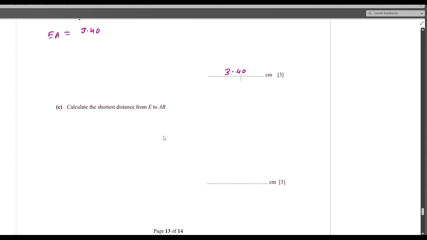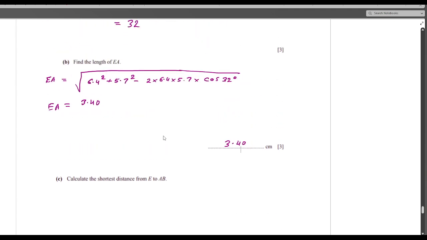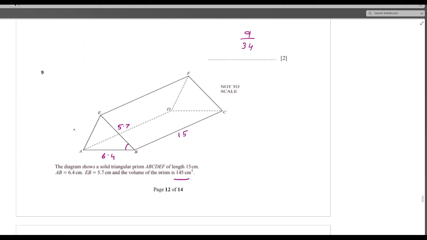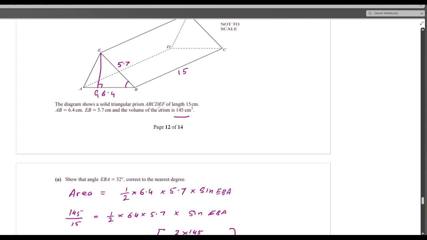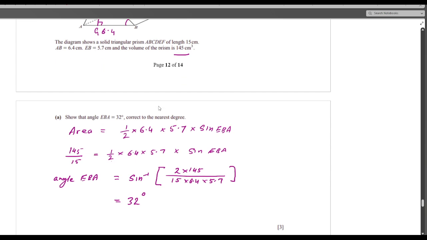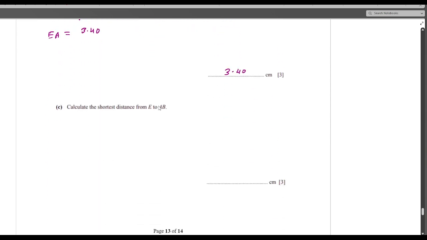Now calculate the shortest distance from E to AB. Shortest distance means I have to find this perpendicular distance. So A, B, C, D, F is there, E is there. Let me write G, EG. Now if you see, sine of 32 is EG divided by 5.7, opposite upon hypotenuse.